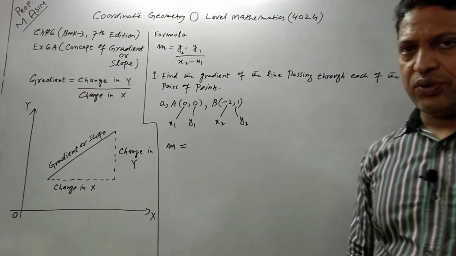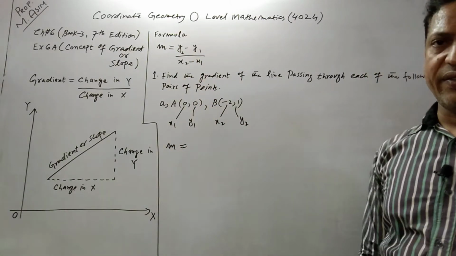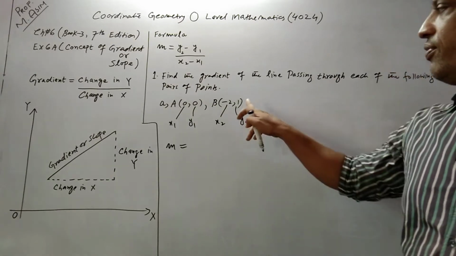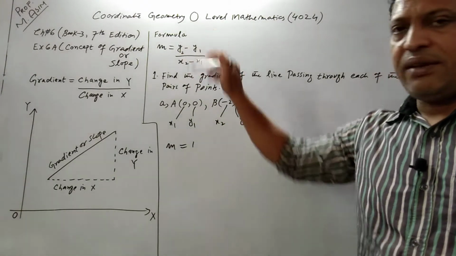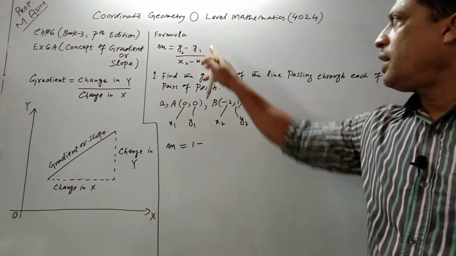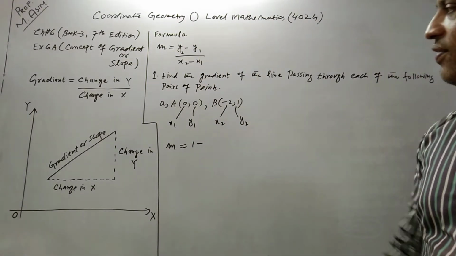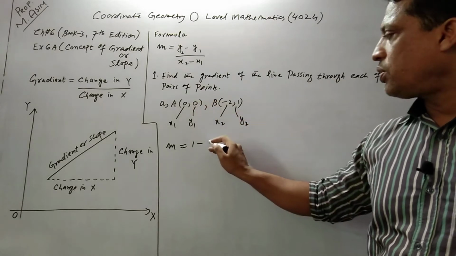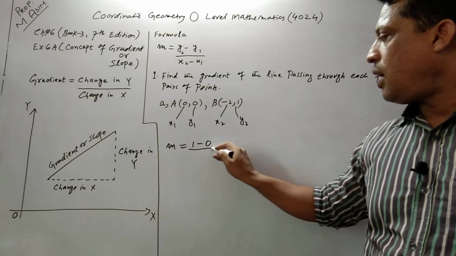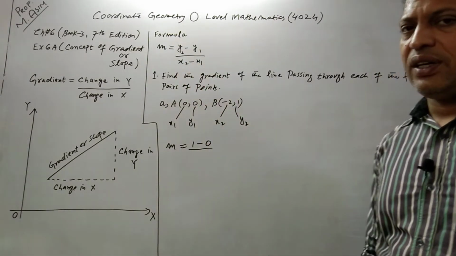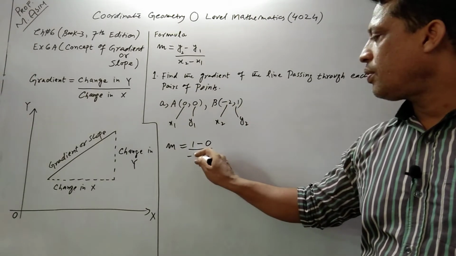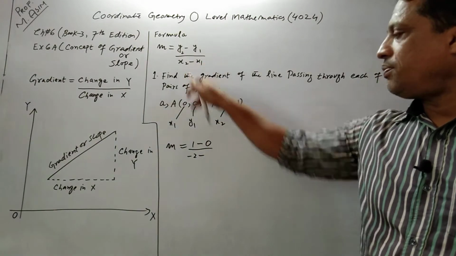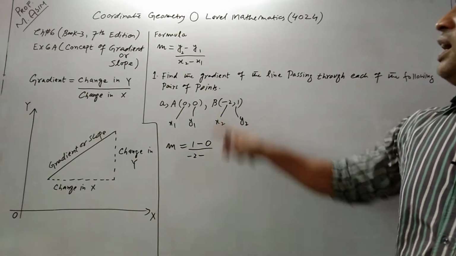Now see the formula of gradient. m equals y2 minus y1. What is y2? See carefully, this is 1. This sign is the minus from the formula. What is y1 in this case? 0. So put 0 over here, upon x2 minus x1. What is x2? x2 is minus 2, minus, from the formula, x1.